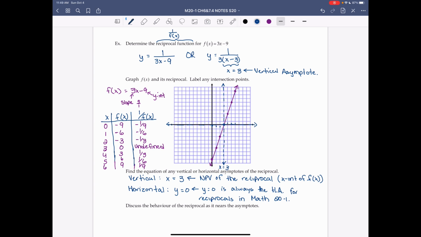So as we go to the right, our dots are getting closer and closer to the x-axis. And as we go to the left, same thing, our dots are getting closer and closer to the x-axis. So our curves should look something like this.